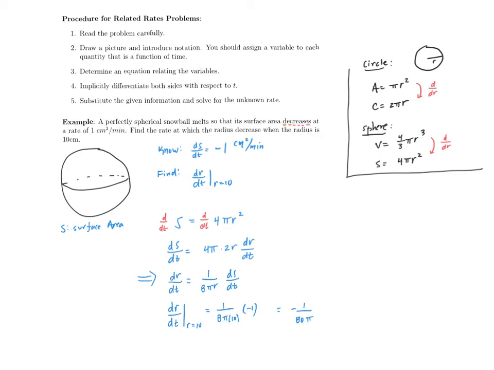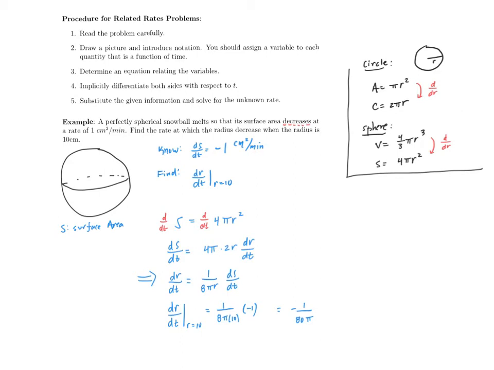And I will throw out there that we should always include units. But at the same time, you don't need to overthink what the units are. Just go back to the variables we were dealing with. Here it's a rate of change of the radius with respect to time. So radius is measured in distance. Distance is in centimeters. Time is in minutes.